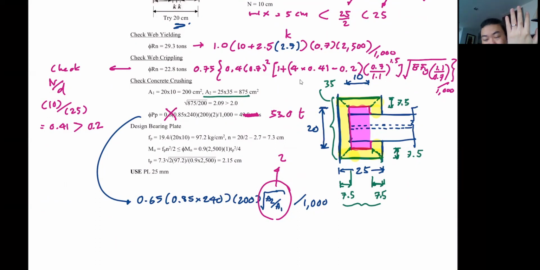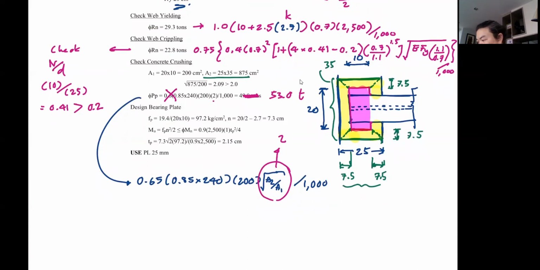If you want to know, you can try to back calculate by setting up this equal to 2 and try to get the area A1, right? And when you get A1, you can convert that into the dimension of the plate.